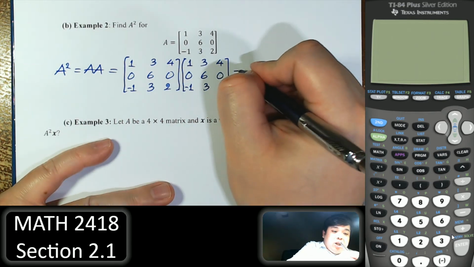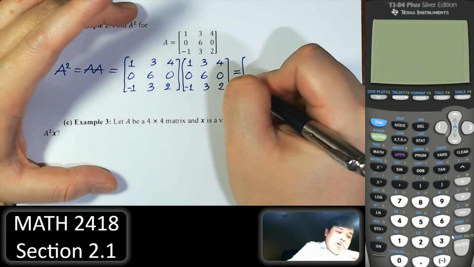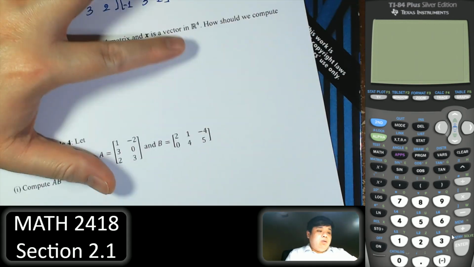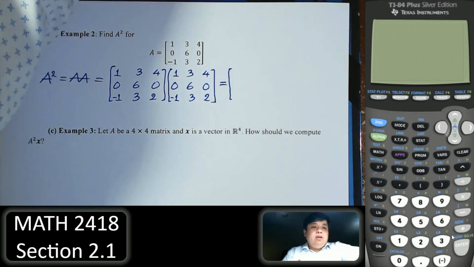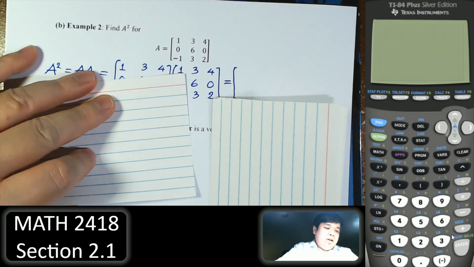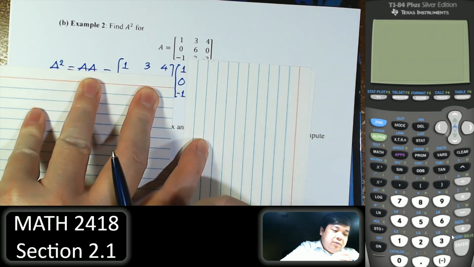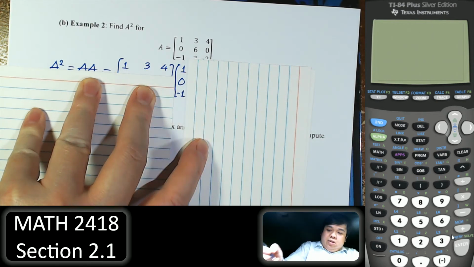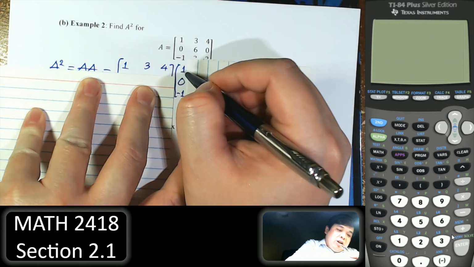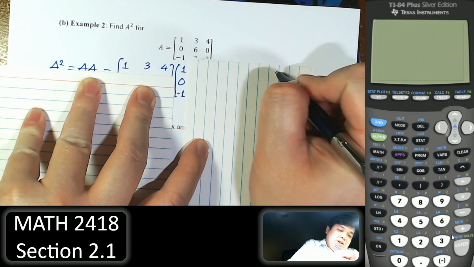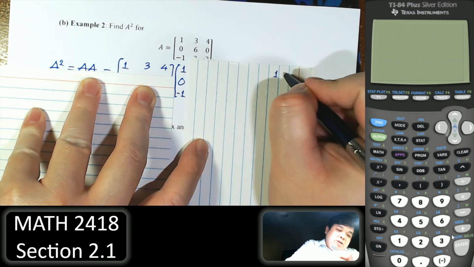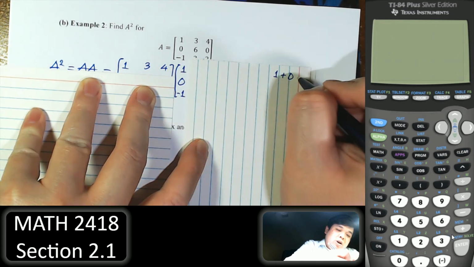I'm just going to do this by hand and then I check with the calculator. Right, row by column. Row by column, right? Just going to scratch 1 times 1, 3 times 0, 4 times minus 1.